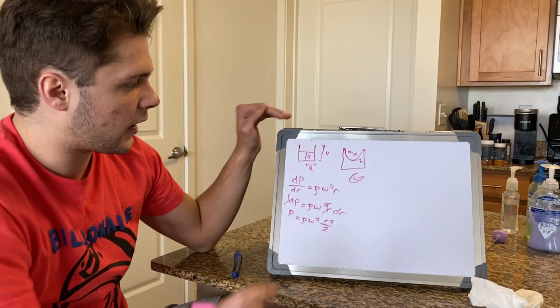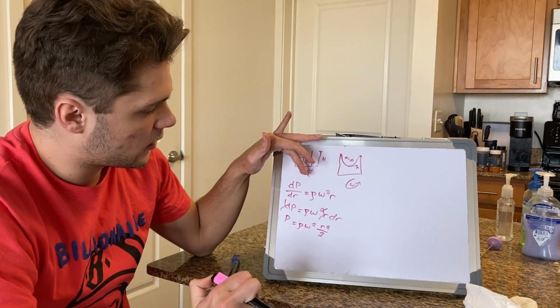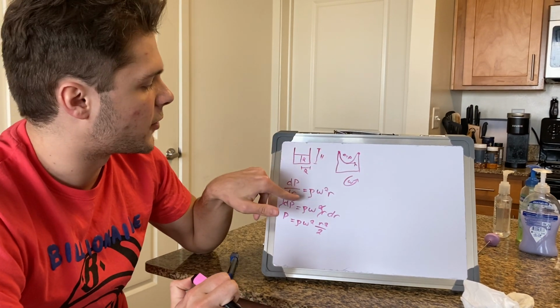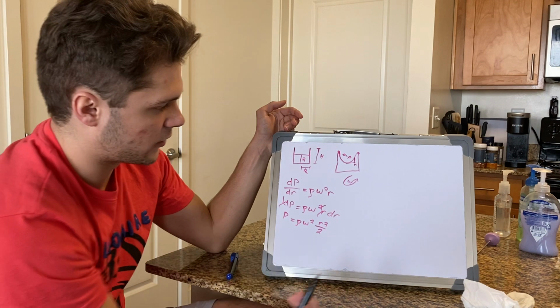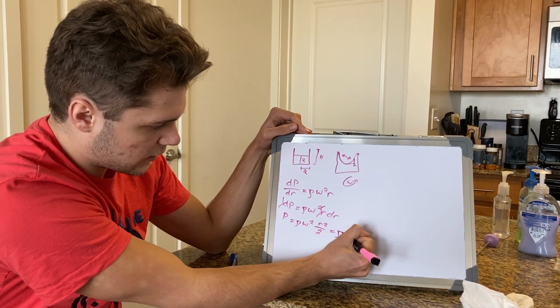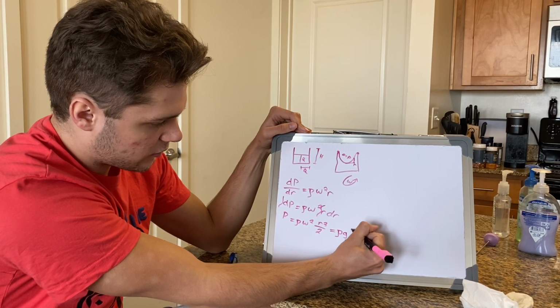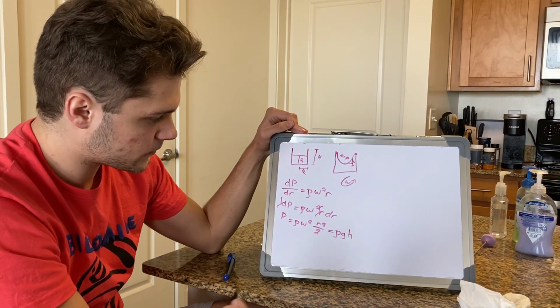And so we used the acceleration horizontally to find our pressure, but we can also use our vertical acceleration to find that pressure. So that's going to be equal to our density times our acceleration due to gravity at some height of h.